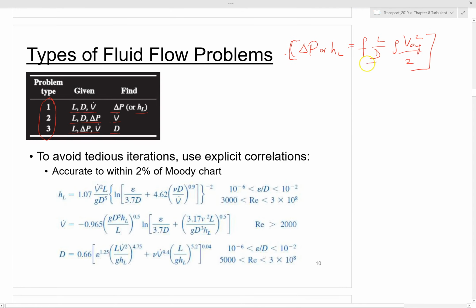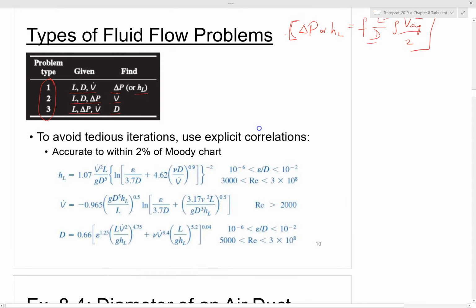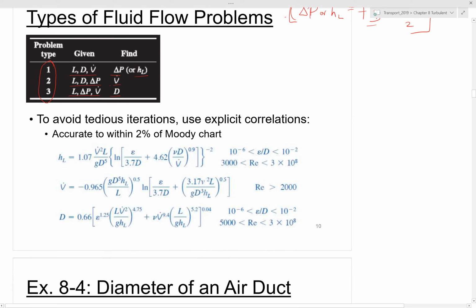It is essentially a set of three equations, what we call the Swamee-Jain formulas.